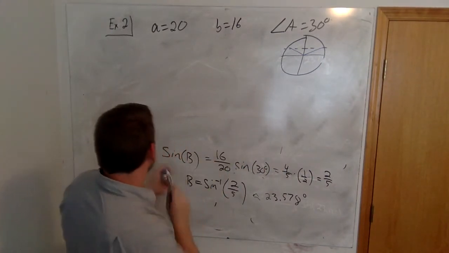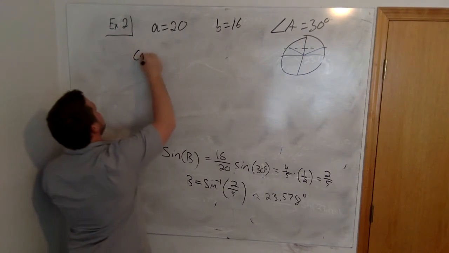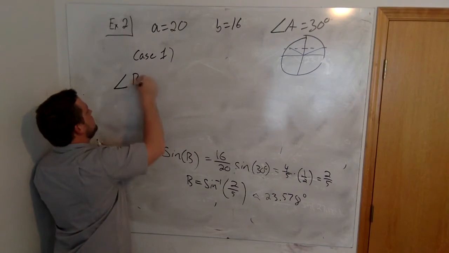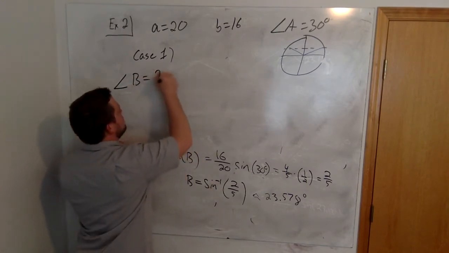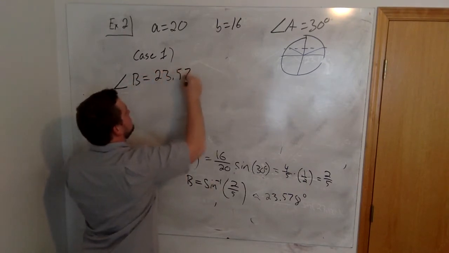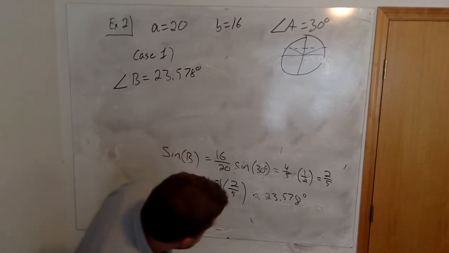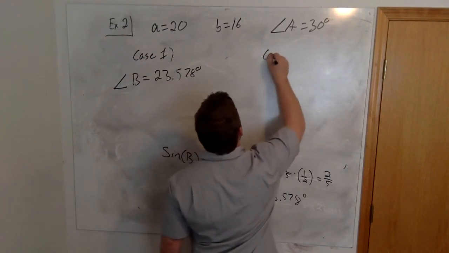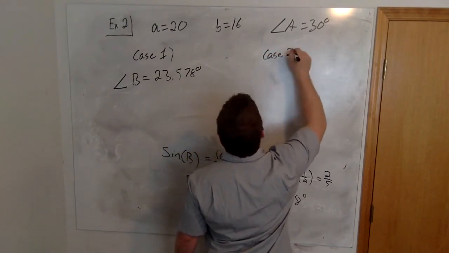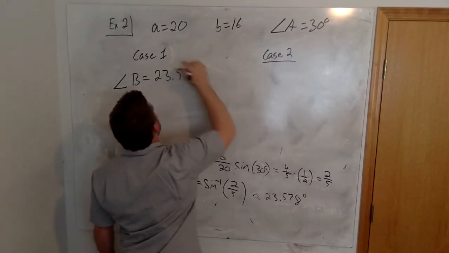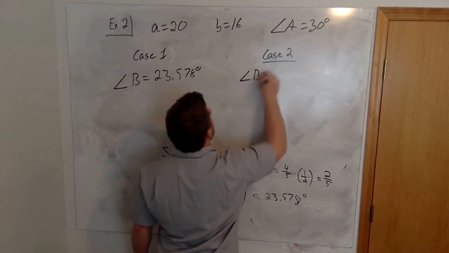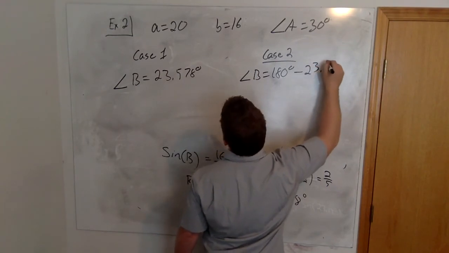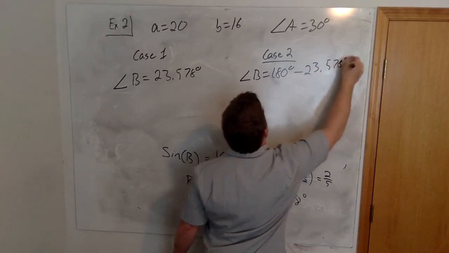Okay, so we have case 1. We could have that angle B is equal to 23.578 degrees. Case 2: we could have the obtuse angle, so angle B will be equal to 180 degrees minus 23.578.